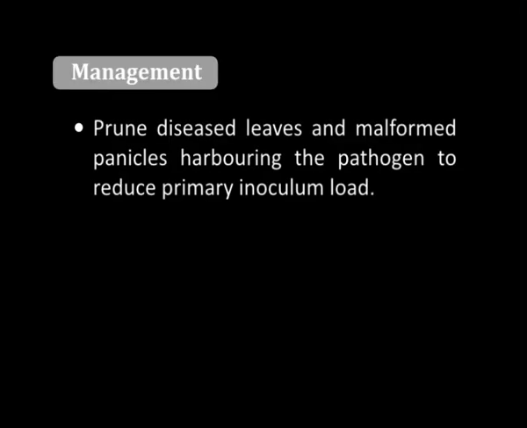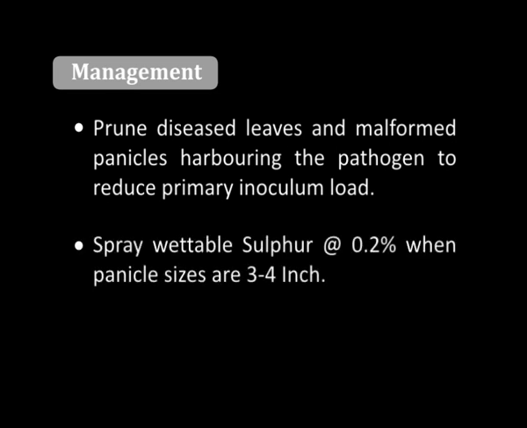Now coming to the management of the disease. Prune diseased leaves and malformed panicles harboring the pathogen to reduce primary inoculum load. Spray wettable sulfur at the rate of 0.2% when panicle sizes are 3 to 4 inches.